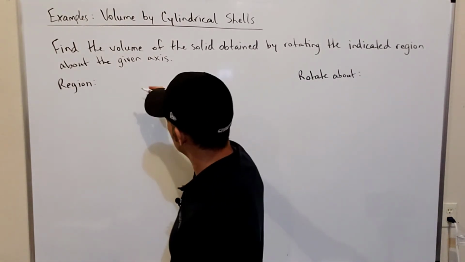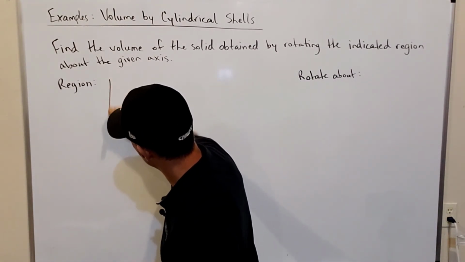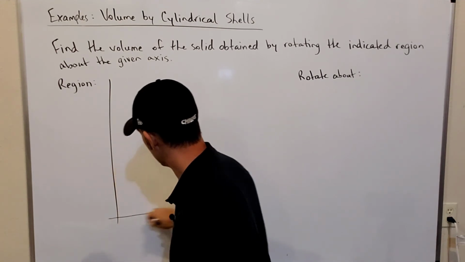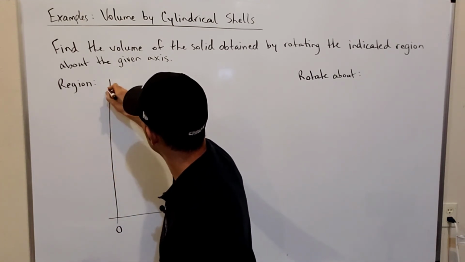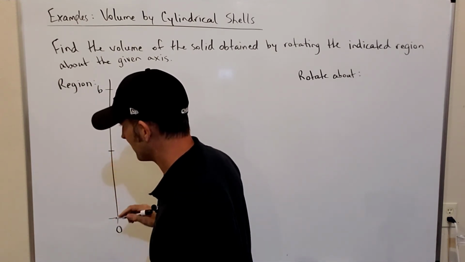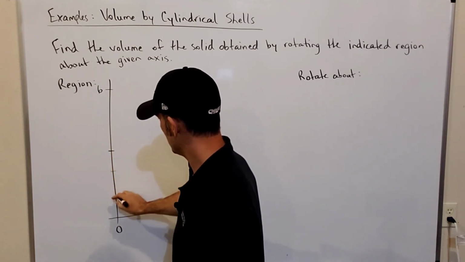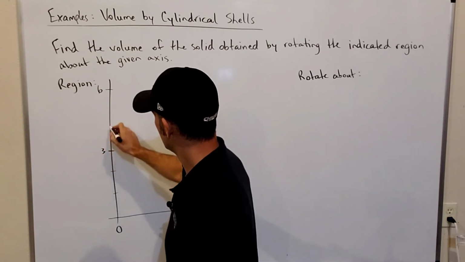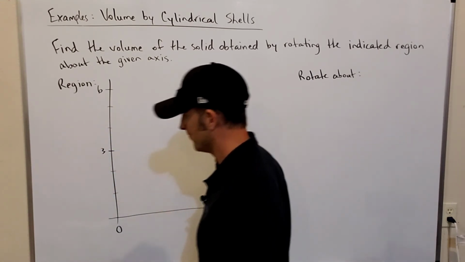So just letting you know how you're going to set this up. You're going to set it up going from 0 up to 6, okay? And then here's 3, and then we've got 2, 1, 4, and 5, all right?